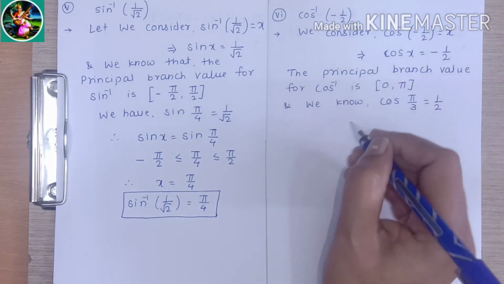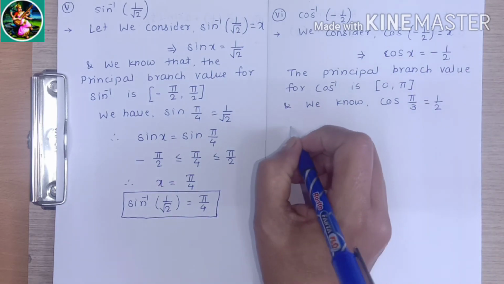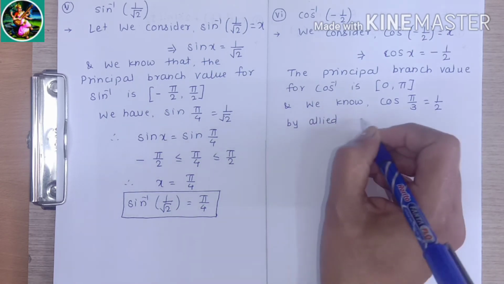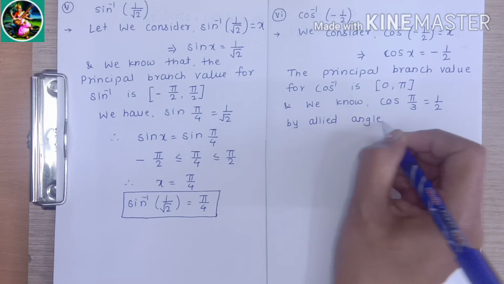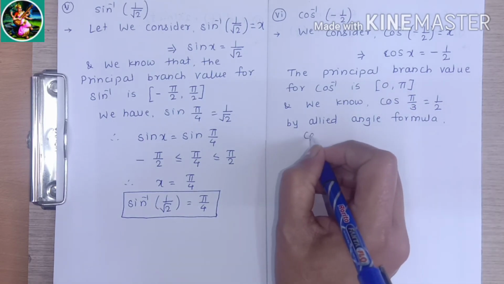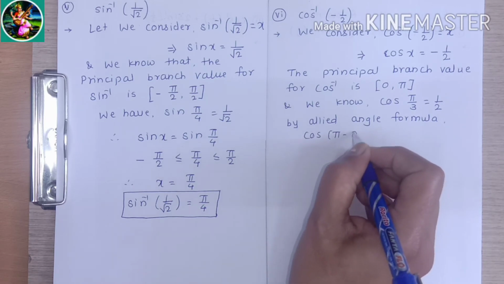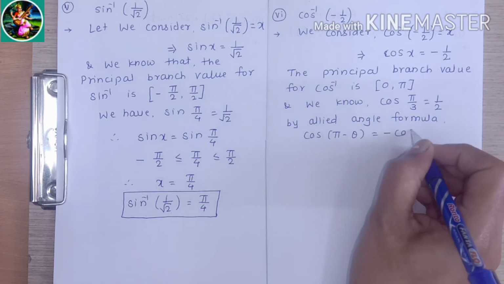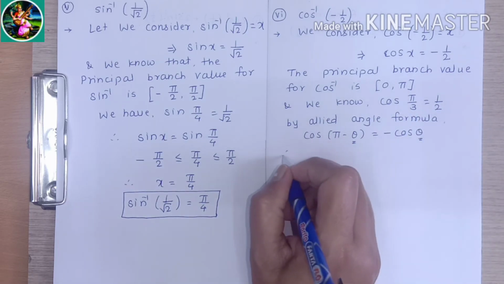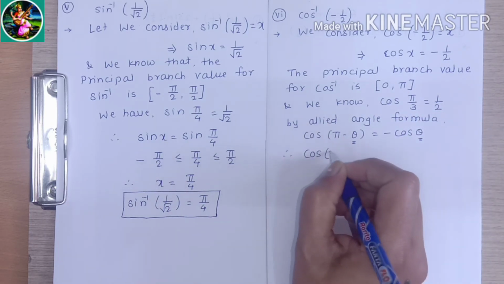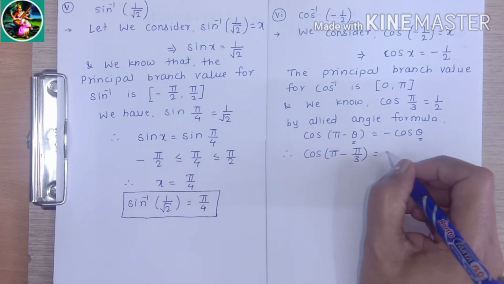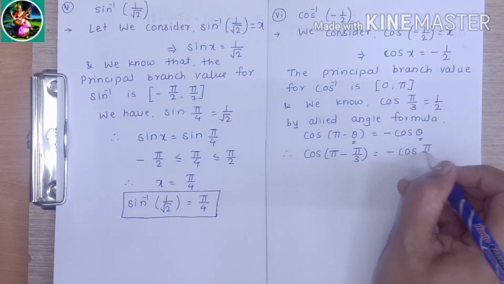Therefore, here we have to use the allied angle formula. By the allied angle formula, cos of pi minus theta is equal to minus cos theta. Here we replace this theta by pi by 3. Therefore, cos of pi minus pi by 3 is equal to minus of cos of pi by 3.